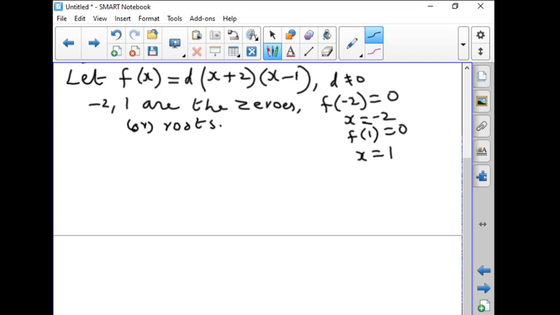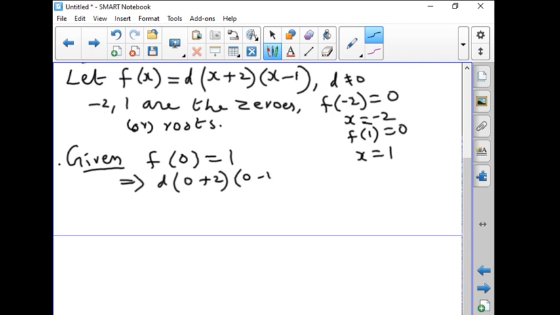Okay, now what is given? f of 0 is equal to 1. So, f of 0 is equal to 1 means in the place of x you write 0 now. So, it gives us d into 0 plus 2 into 0 minus 1 is equal to 1.